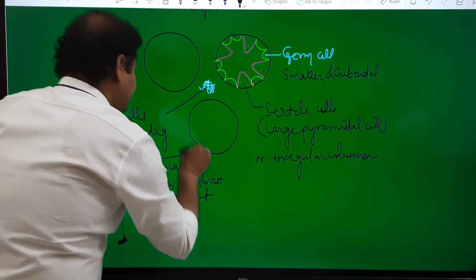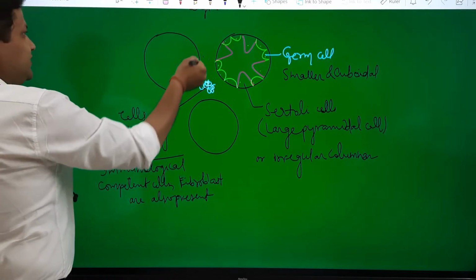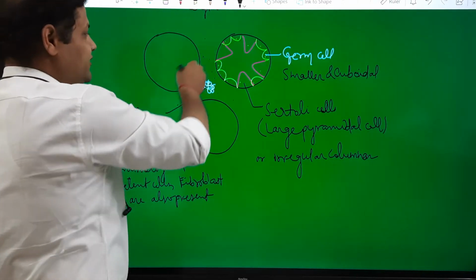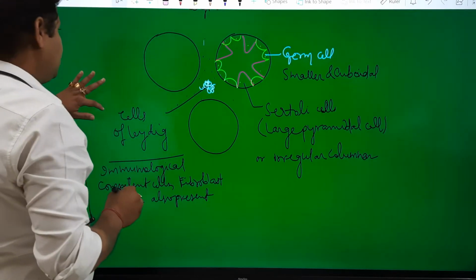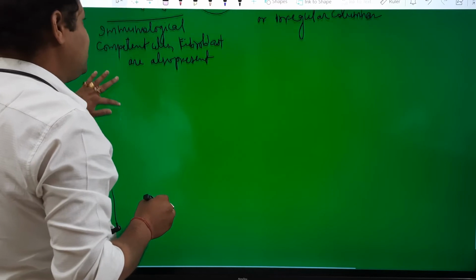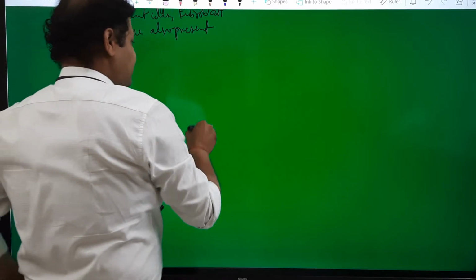Now we discuss the detailed structure of these types of cells.